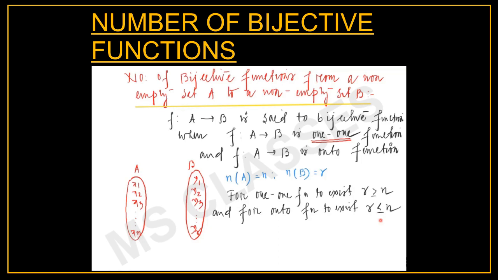Now for bijection, both have to be satisfied. For function f mapping from A to B to be bijective, both the conditions have to be satisfied. Both will be satisfied when r is equal to n.